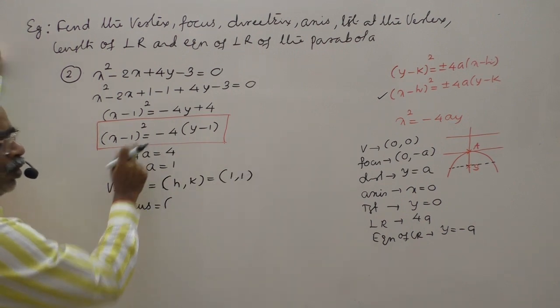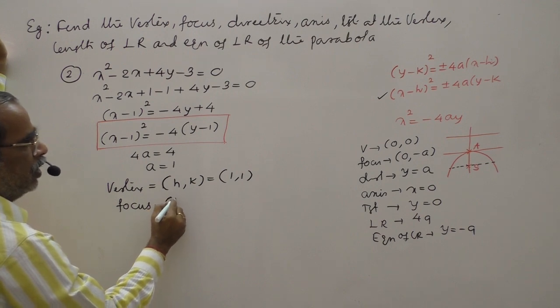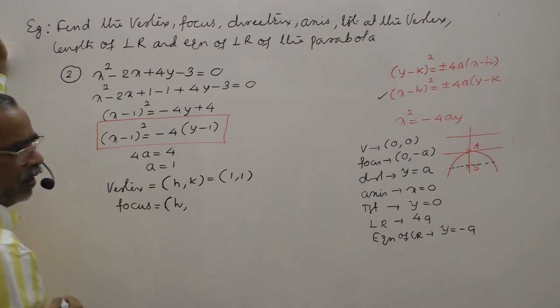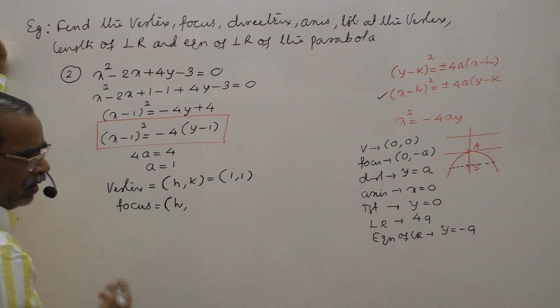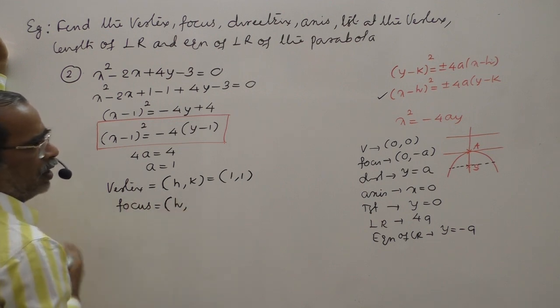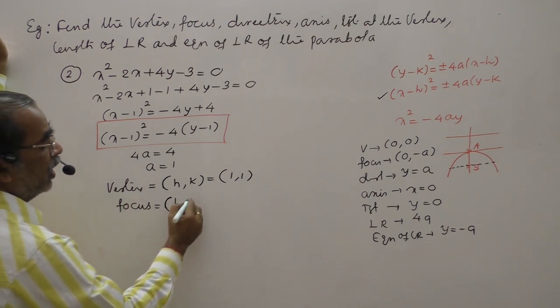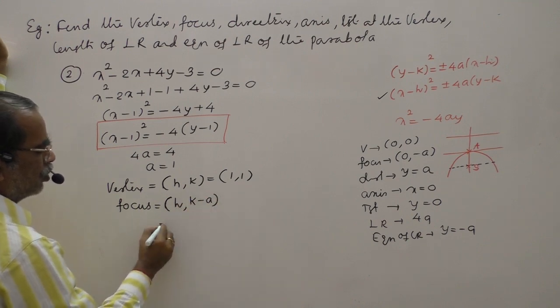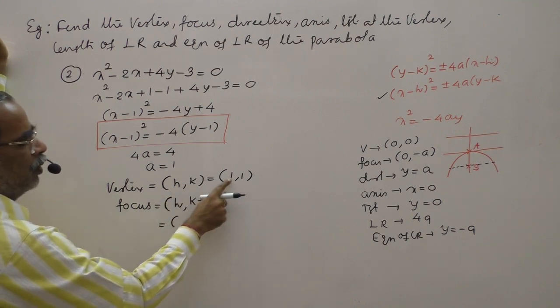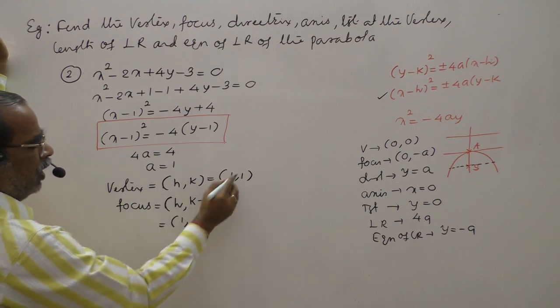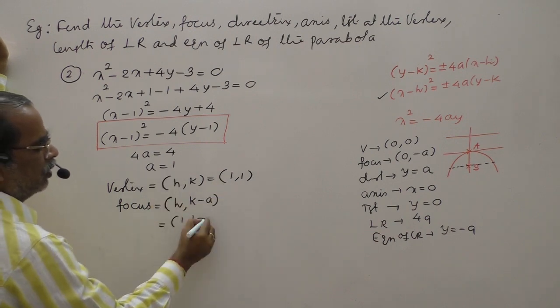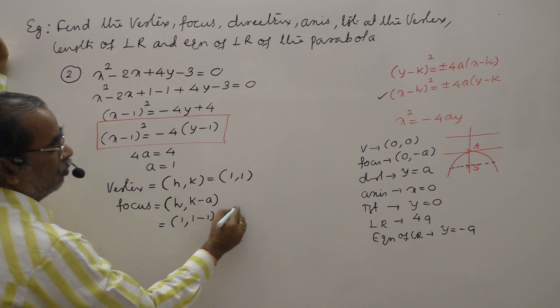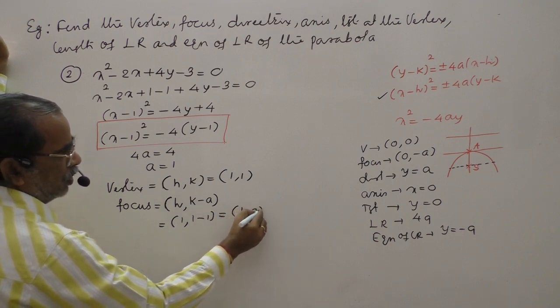What will be the focus of this? Increasing x coordinates by h, y coordinates by k. That means adding h to the x coordinate and k to the y coordinate. So what is h here? H comma k. H is 1. K is also 1. A is 1. Therefore, focus is 1 comma 0.